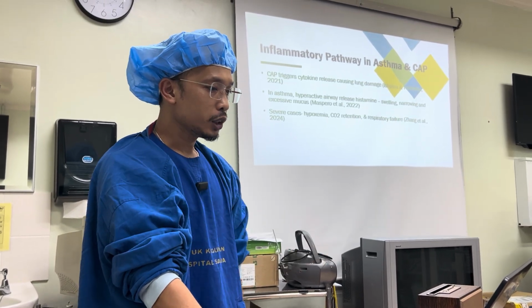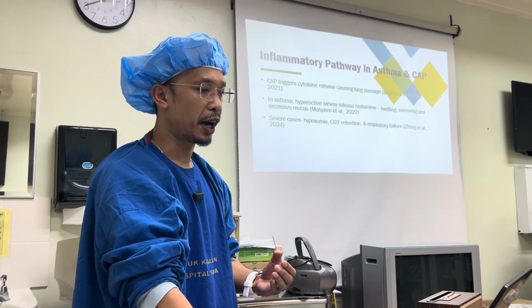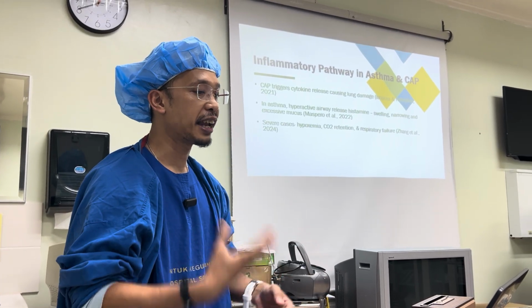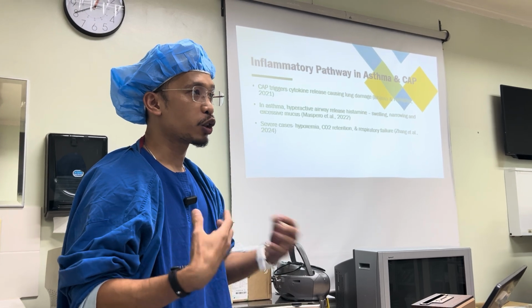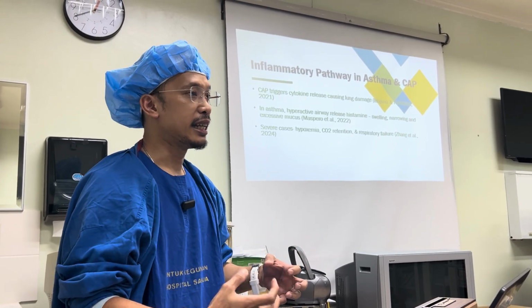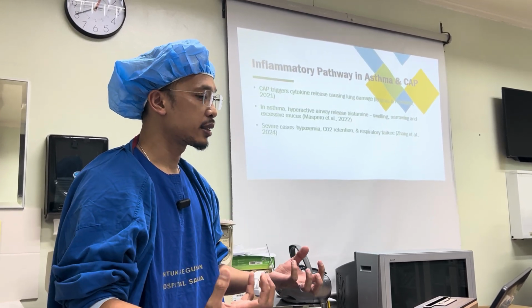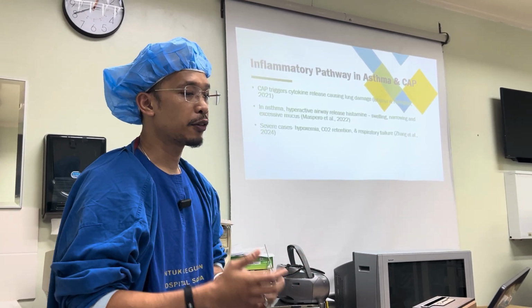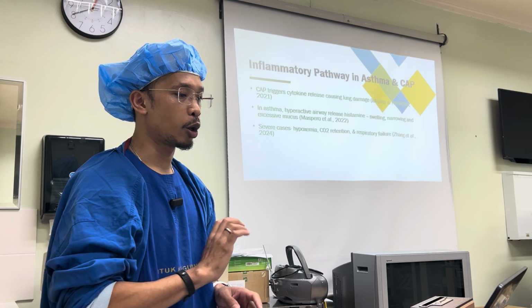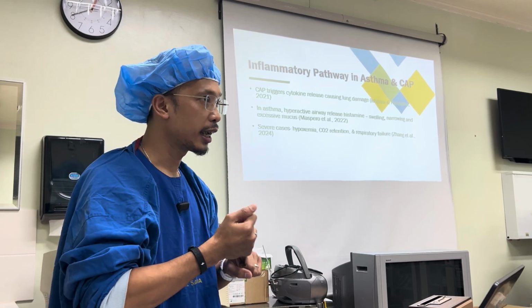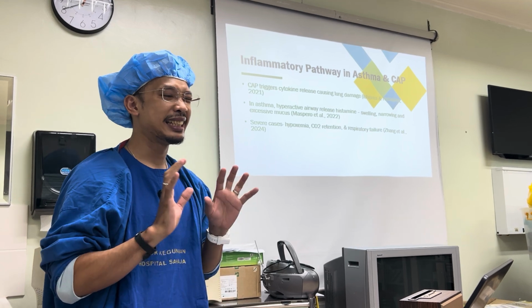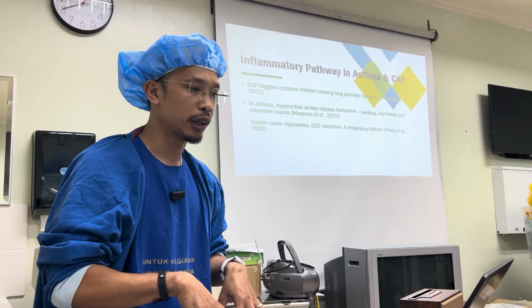When someone gets community-acquired pneumonia, their immune system kicks into high gear, releasing a bunch of cytokines, things like interleukin-1, interleukin-6, or TNF-alpha. The problem is, while this response fights the infection, it also causes inflammation and lung damage. Now, with asthma, it's a little bit different, but still tied to inflammation.